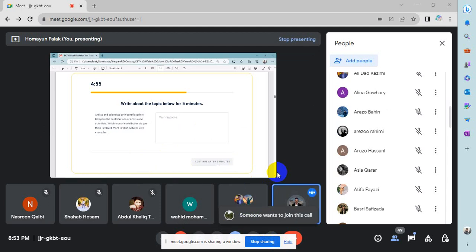Then after the topic sentence, you write the first supporting sentence. A supporting sentence is a sentence which talks about topic sentence, which supports the topic sentence. That's it. For example, you say, our artists are not so much valued in our culture because of these two reasons. So that's it. You say, first reason is our culture is a religious culture and some of the artistic works are banned in our religious culture.